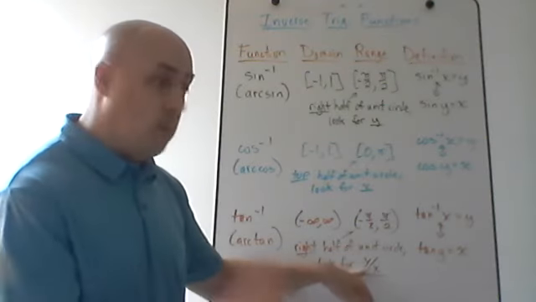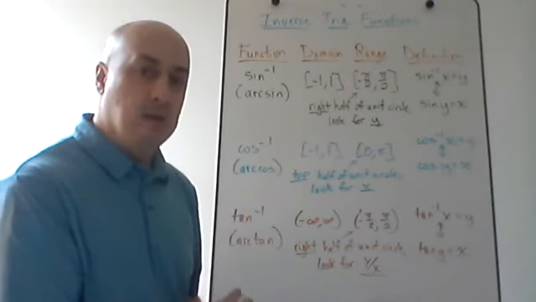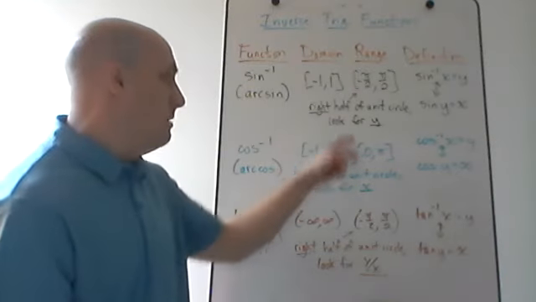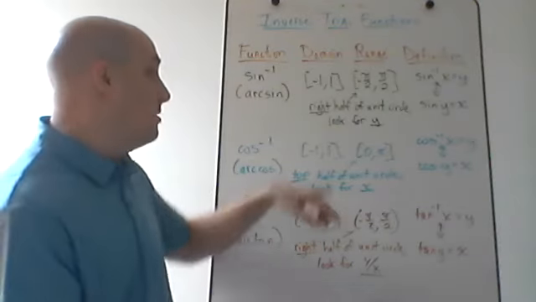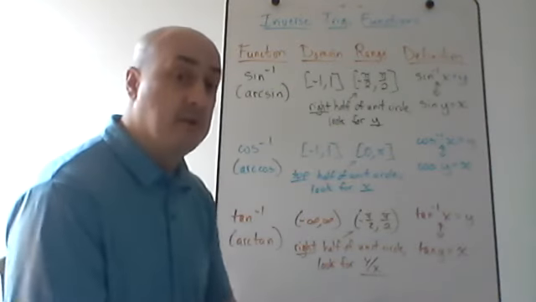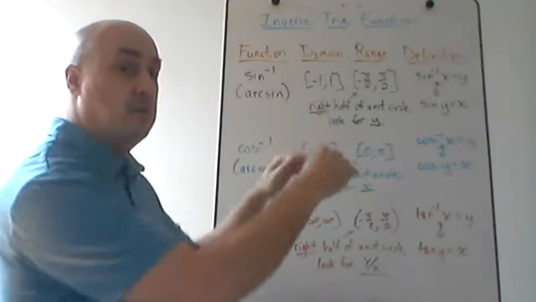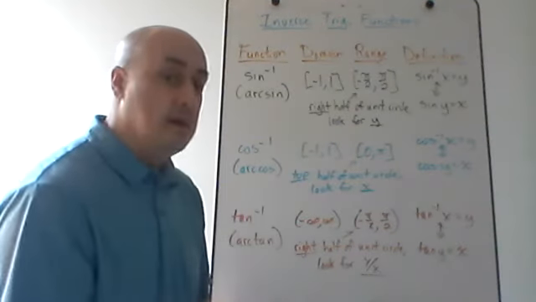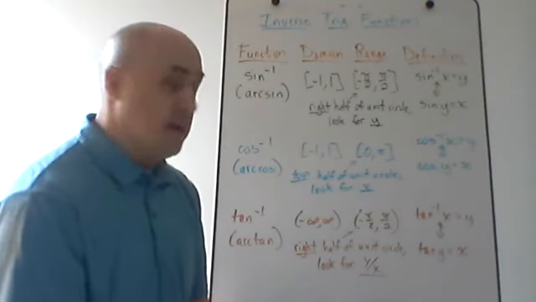They're giving me the y over the x or the y, and I'm looking for the angle that points at that appropriate terminal point on the appropriate part of the unit circle that applies for whichever one of these inverse trig functions I'm dealing with. So sine and tangent are the right half of the circle, cosine is the top half. Those are the key things to remember when you're dealing with the inverse trigonometric functions.